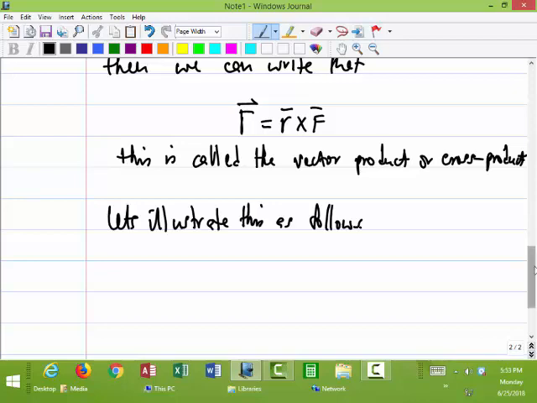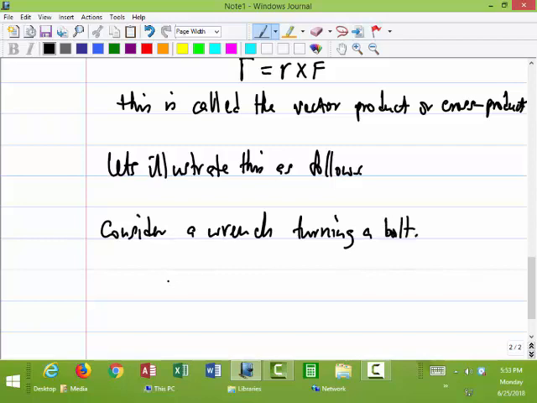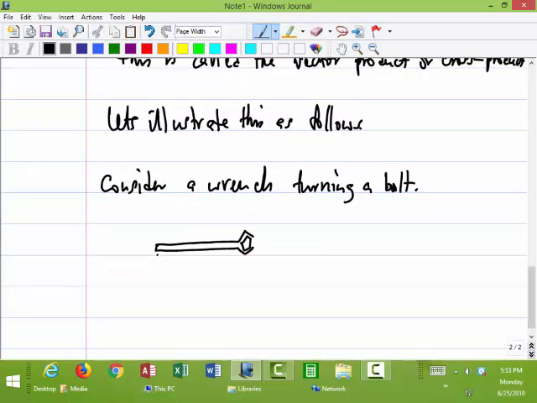We can illustrate this as follows. Let's suppose that we have a wrench that is used to turn a nut or a bolt. So we consider a wrench turning a bolt, and let's say we have the wrench this way, and this is the bolt, of course, and so we can identify a force.